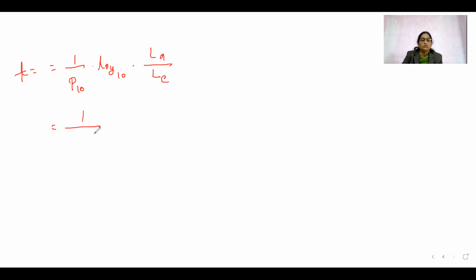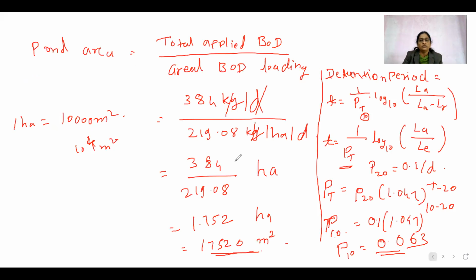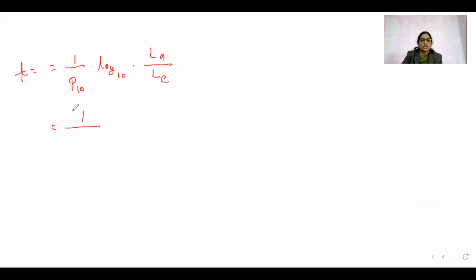So 1 upon the P10 we have calculated, 0.063, into log to the base 10 of LA.